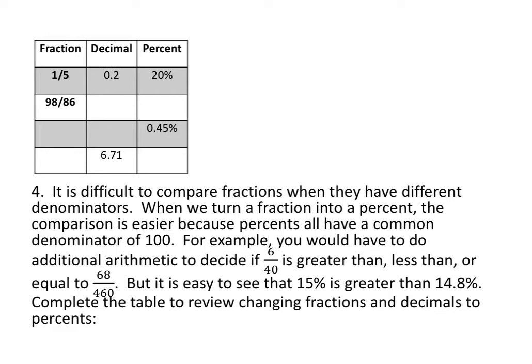Okay. Well, here's what I would do to change a fraction to a decimal. And it may seem more difficult than it needs to be, actually. So, as a fraction, 98/86. If I was to change this into a decimal, the method that I would use is called the calculator method, where I type in 98 and divide it by 86, and then lo and behold, the calculator gives me a decimal.